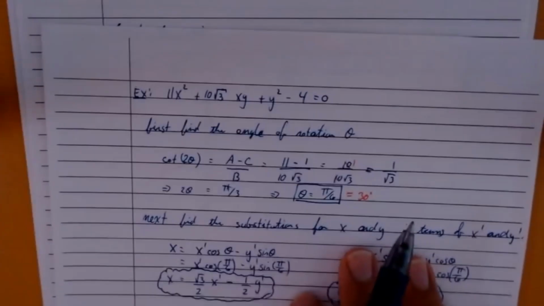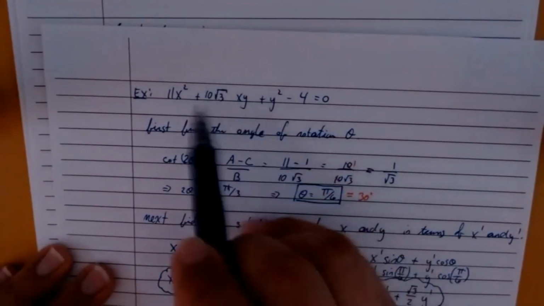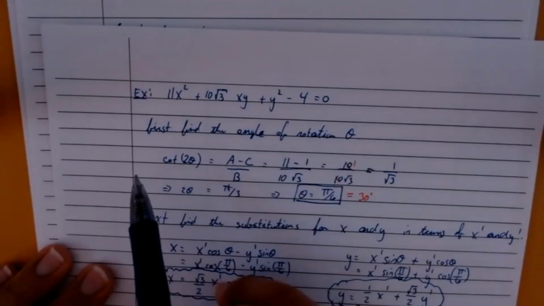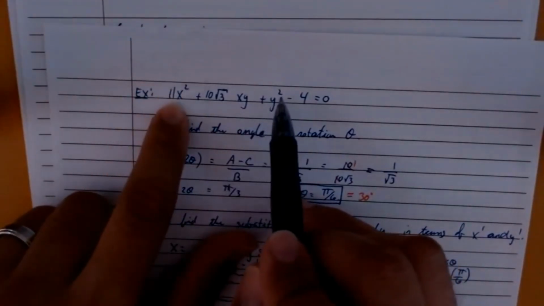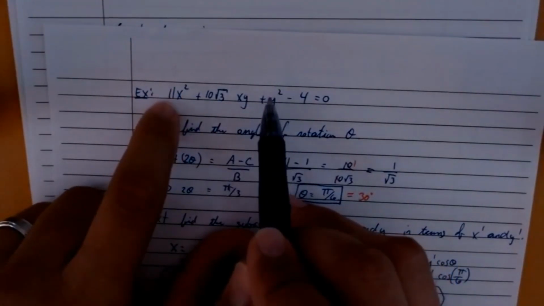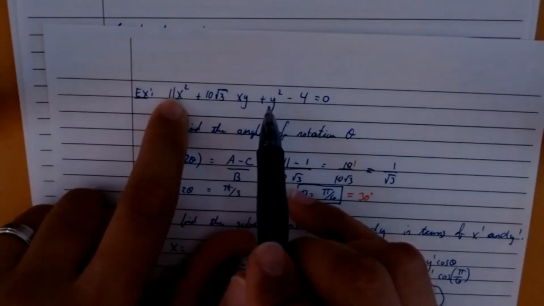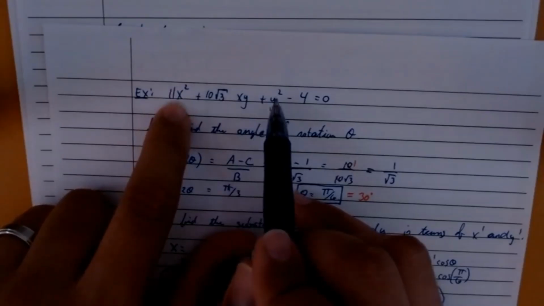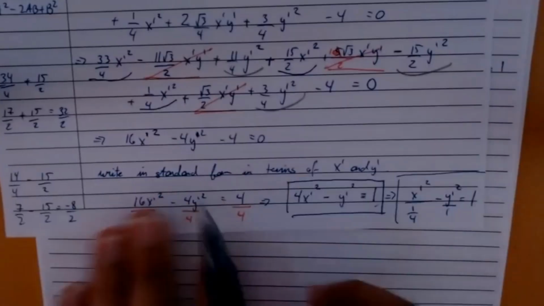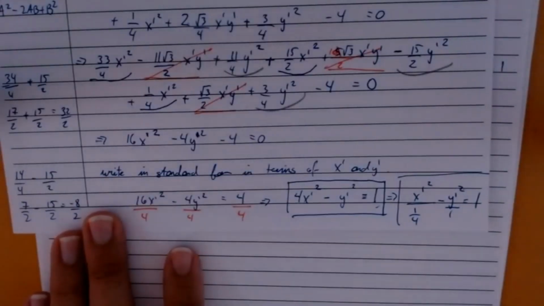Note also that if you look at the original problem, this doesn't match up with what we're used to. Normally, if you have x squared plus y squared, that's a circle, or if you have different numbers here, that would be an ellipse. That didn't happen here. Our original problem was x squared plus y squared, and yet we ended up with not an ellipse, but a hyperbola after we accounted for our rotation.